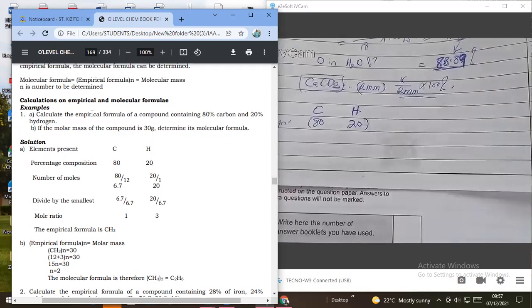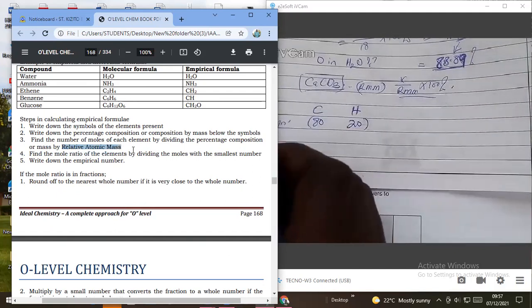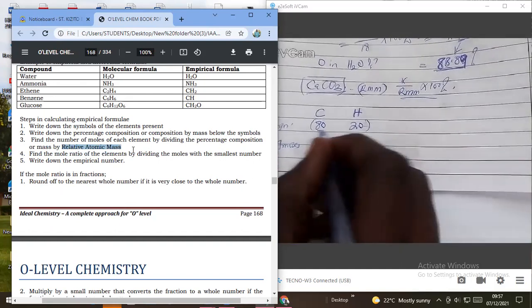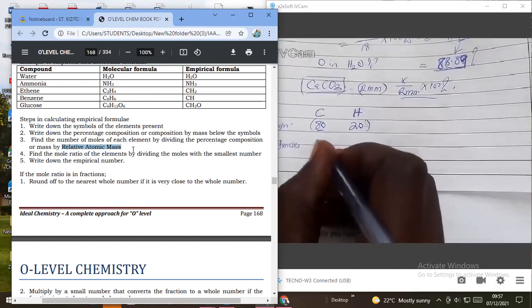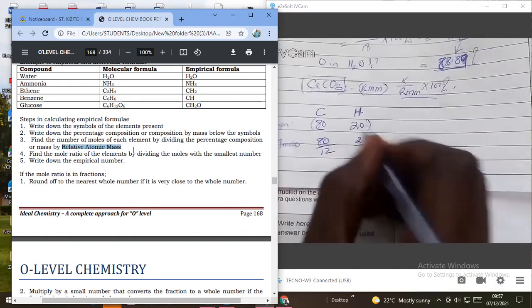Step 2 says, find the number of moles by dividing the percentage composition by the relative atomic mass. Go to the table and check. So we are going to find the number of moles by dividing by relative atomic mass. 80 for carbon is 12, 20 for hydrogen is 1.